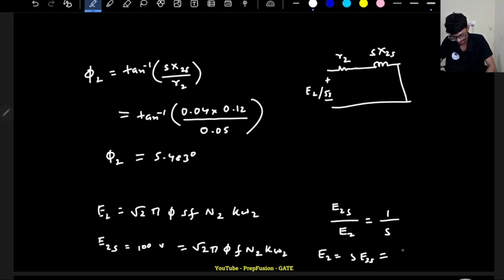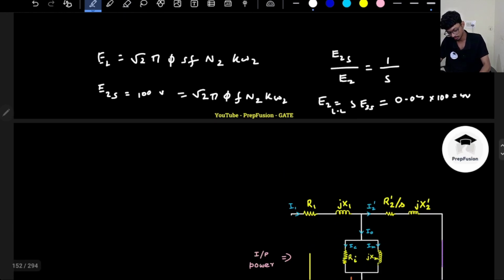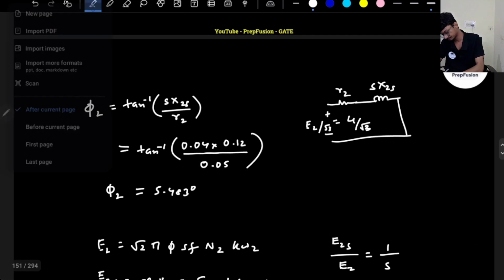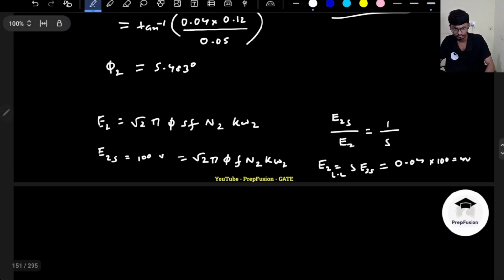E2S is 100 and S is 0.04, so it will be 4 volts. Remember this is line to line, but for phase it will be 4 divided by root 3.